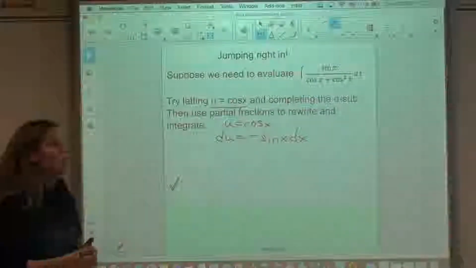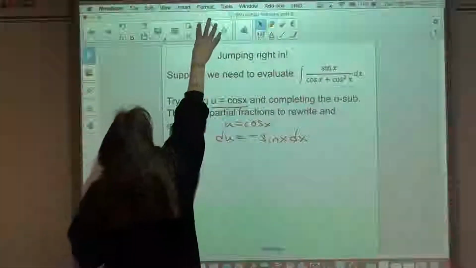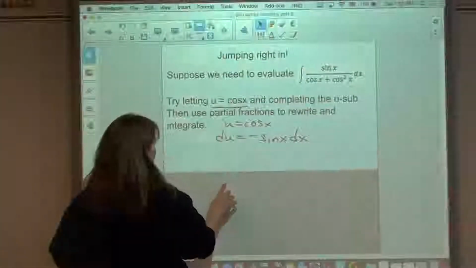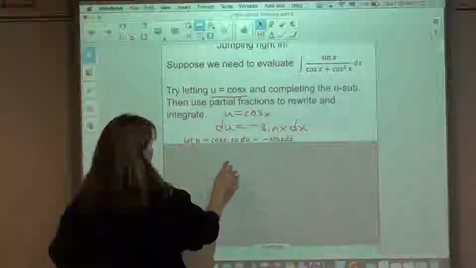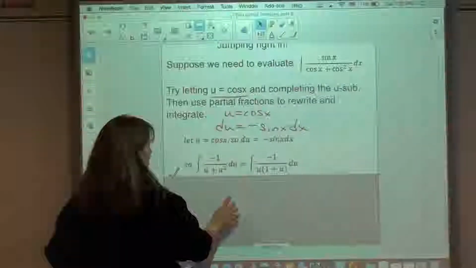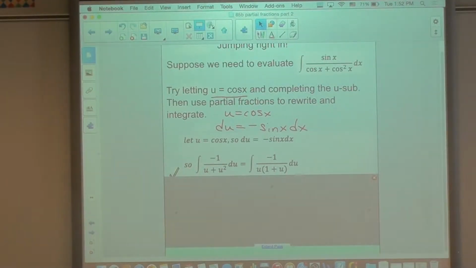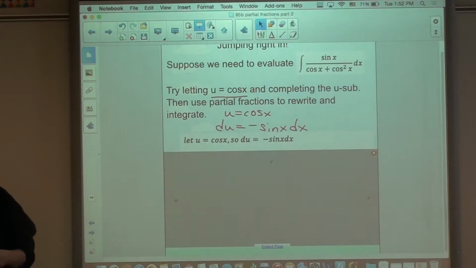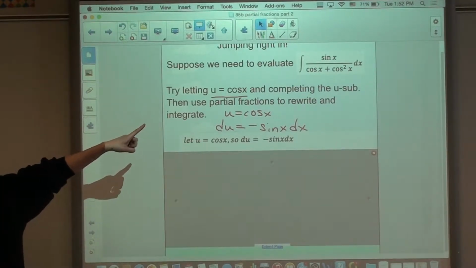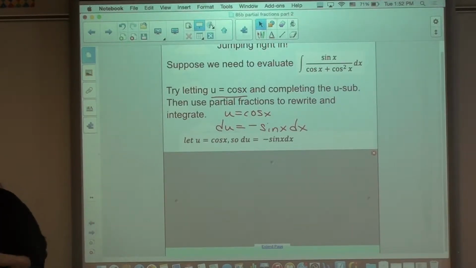So then what you do is you rewrite the integral in terms of u's. I want you guys to take a second, I'll put this back up in case you want to think through it. I want you to rewrite the integral in terms of u, and then solve it using partial fractions.